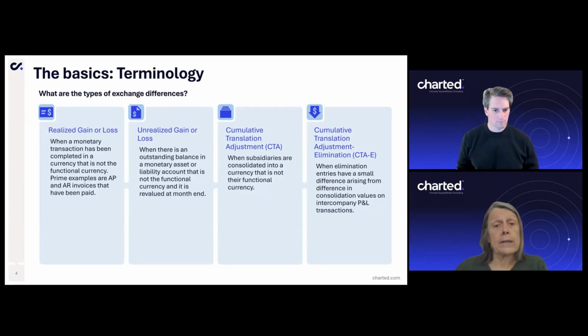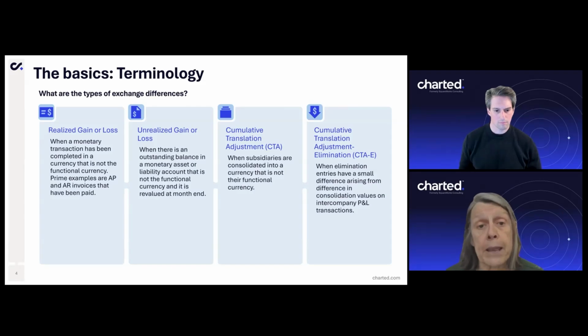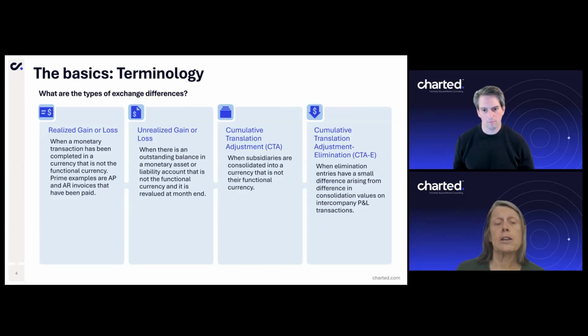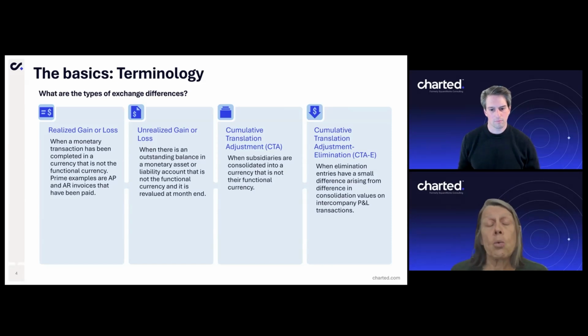CTA is what I see in the equity section of my balance sheet when I translate an entity that is not in my parent's reporting currency. So in real life language, that is what I get when I translate a euro based subsidiary into USD for consolidation.